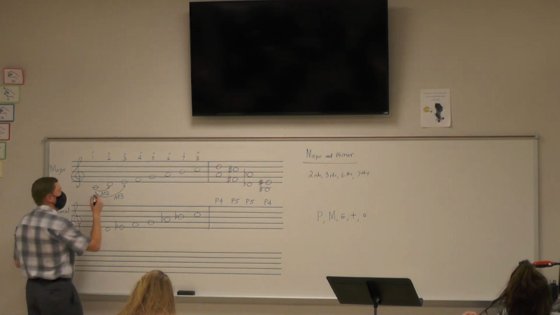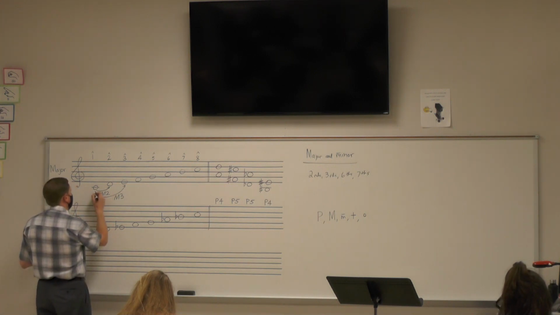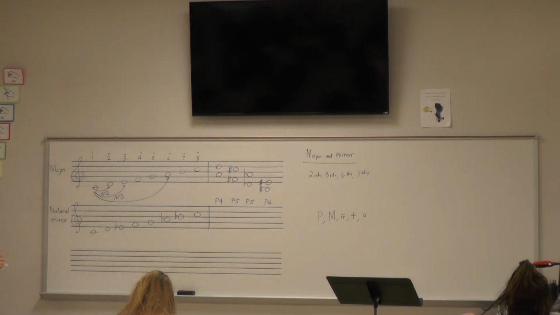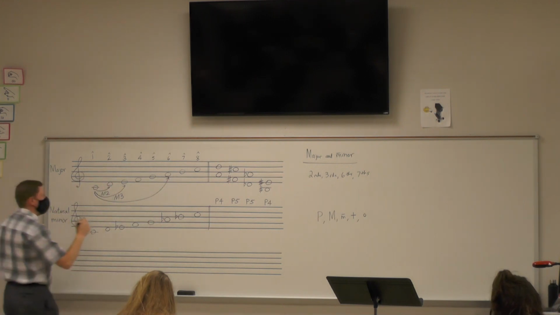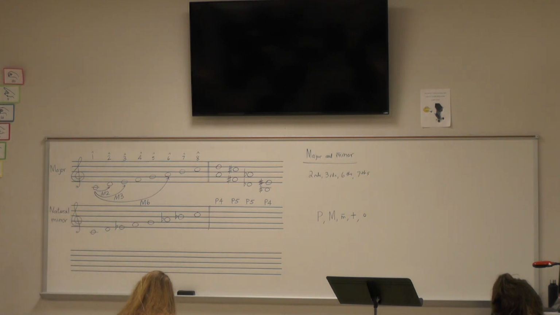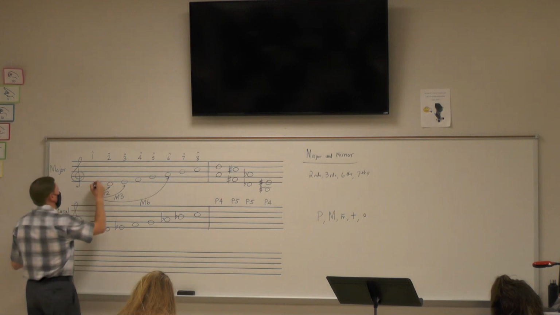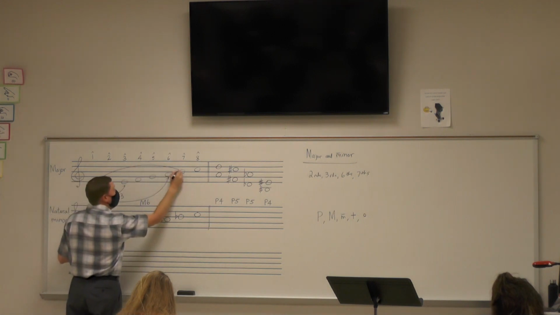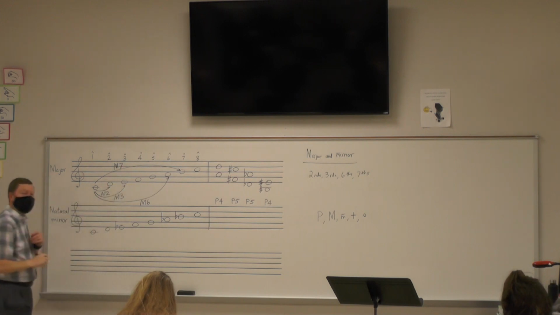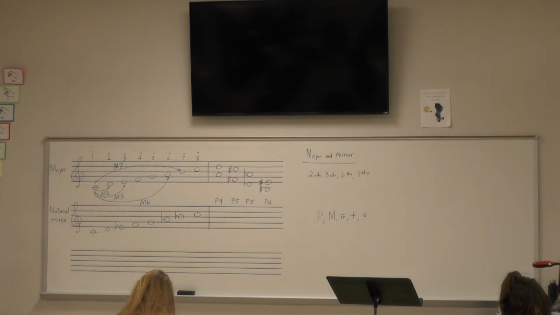The distance between scale degree 1 and scale degree 6 in a major scale is known as a major sixth interval. And finally, the distance between scale degree 1 and scale degree 7 in a major scale is referred to as a major seventh interval.